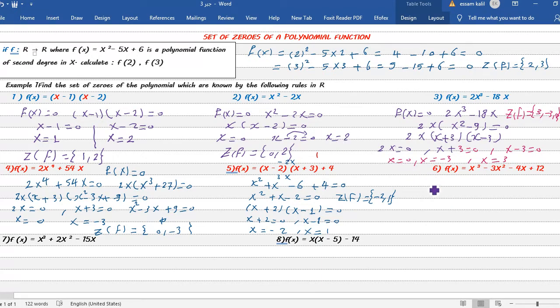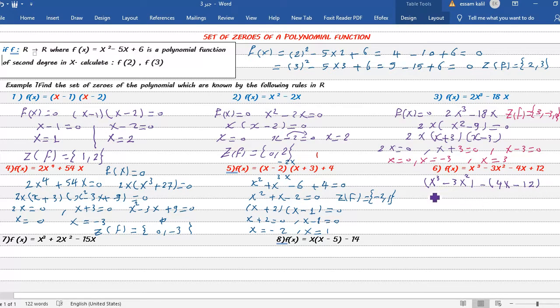Then put f of x equals 0, so x power 3 minus 3x power 2 between brackets, minus, take the minus as common factor, it will become 4x minus 12.